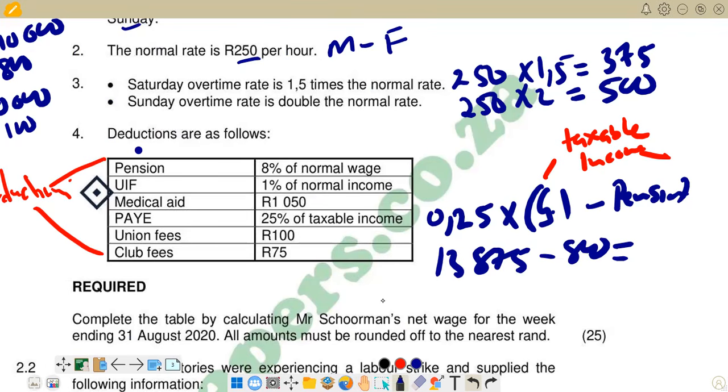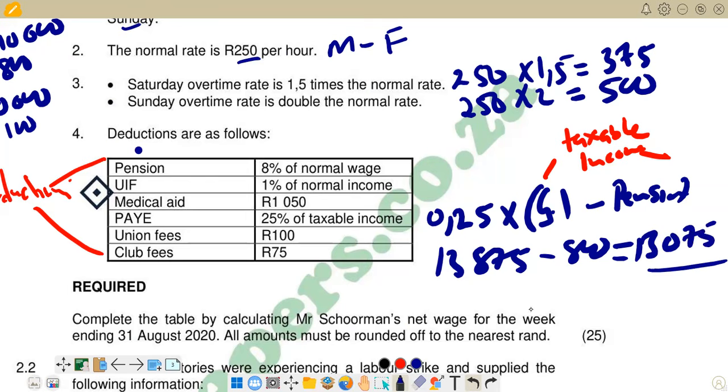What do we get there? So let's try to calculate that one. That's 13,875. And then we subtract 800. We get 13,075.